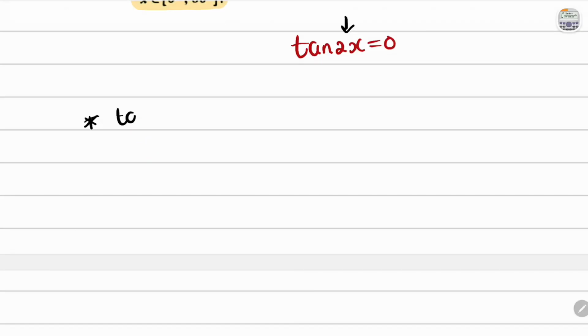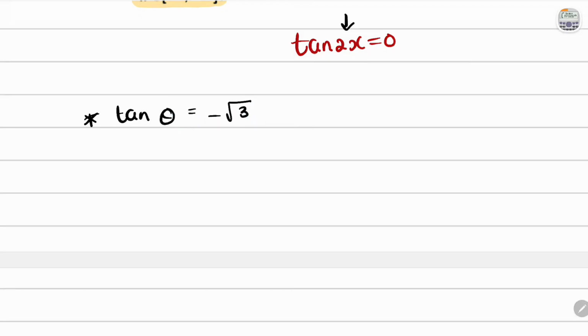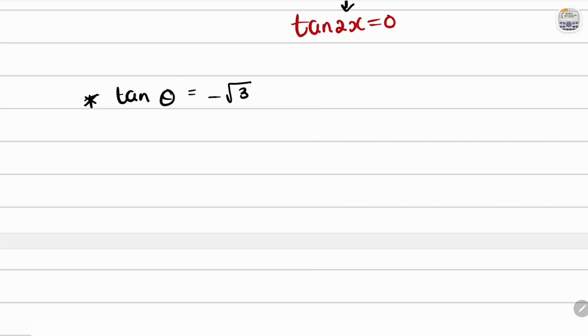Let's say we had tan of theta equal to negative root 3, and you were trying to solve for theta, like the general solution. So we would say our reference angle is equal to, now I don't consider the quadrants, because that is the standard method that we work with, but I was working through it using the quick method. I just want you guys to remember this.